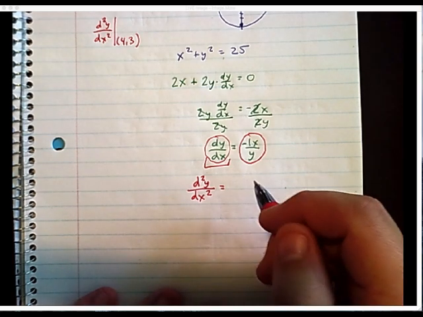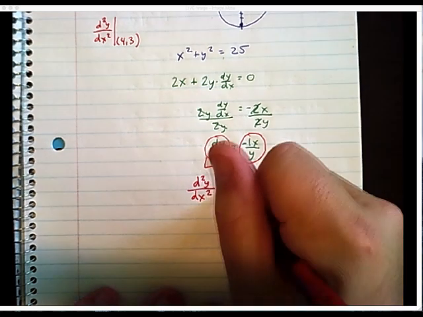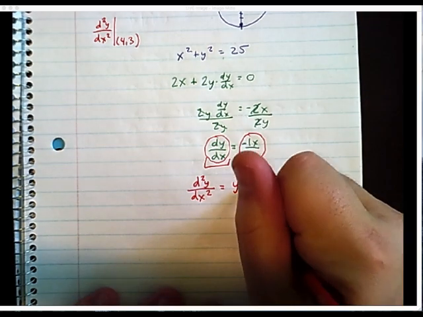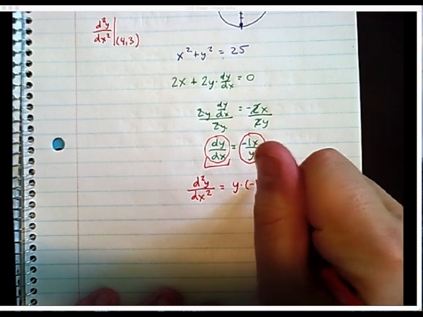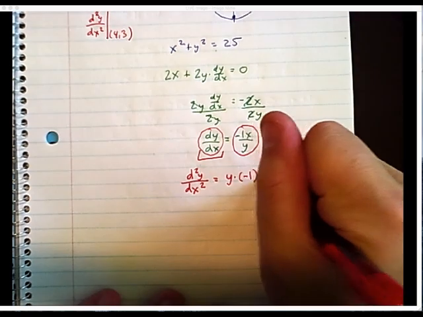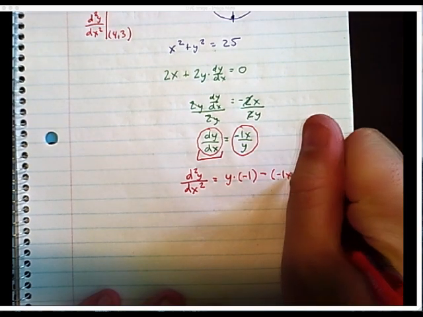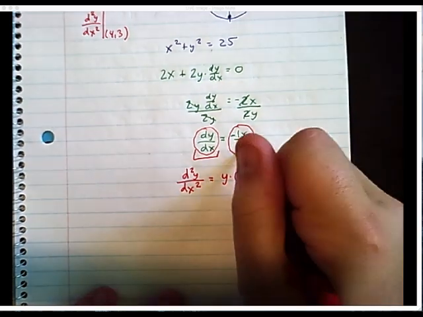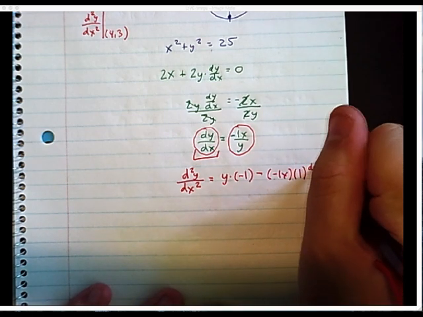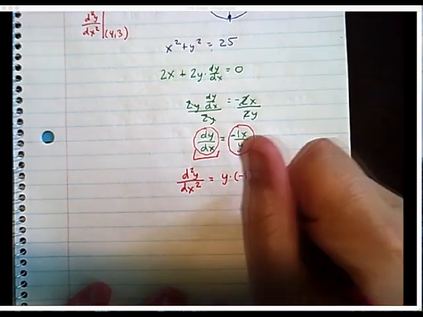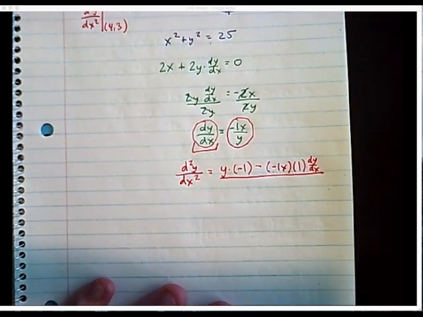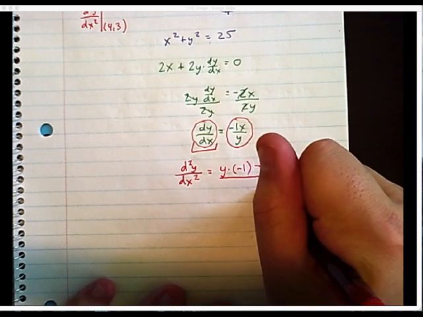So if I use quotient rule, we say low, y, times the derivative of high. So the derivative of negative 1x is negative 1, minus high times the derivative of the low. So the derivative of 1y is just 1, but we need to make sure we put in that dy over dx, all over low squared.